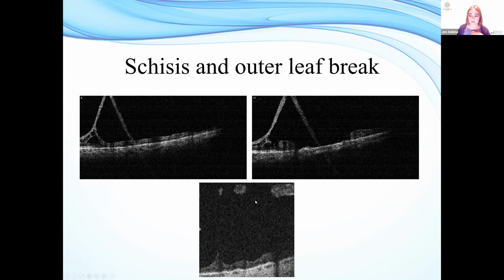We just see them on OCT as very dramatic findings. You can get similar breaks in the inner leaf, and it's only a problem if the inner retinal leaf break combines with an outer, and then you can get a complete detachment. That's just out of interest.